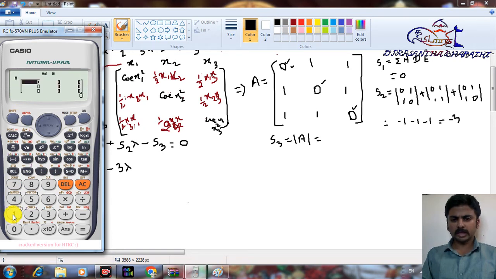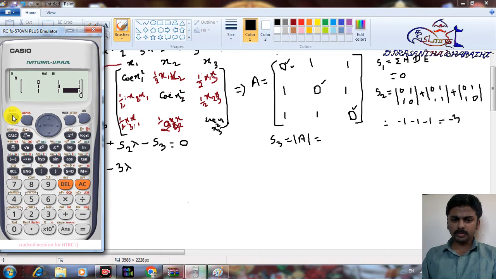The matrix is asking for the first element as 0, second element as 1, third element is also 1, then second row first element is 1, the next element is 0 and the next element is 1, the third row first element is 1, second element is also 1, the third element is 0. Now we have defined our matrix elements for the matrix A.